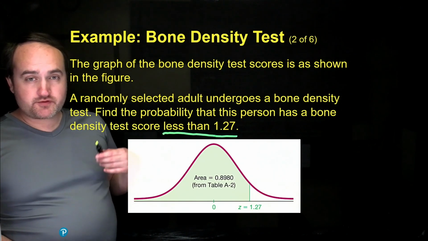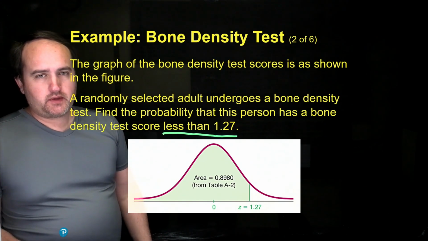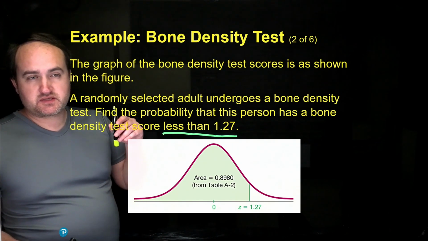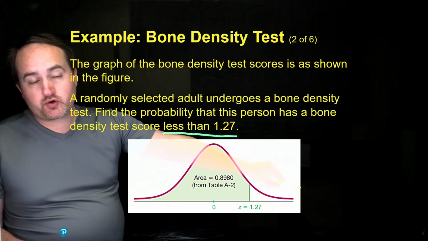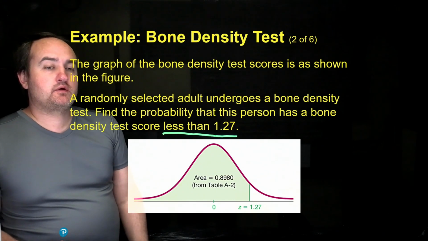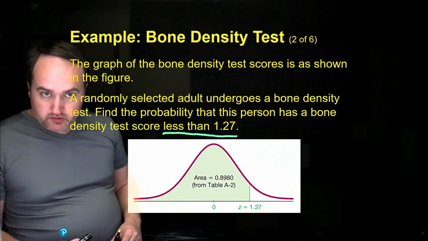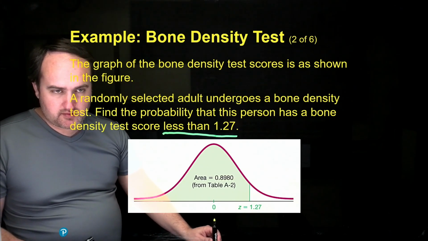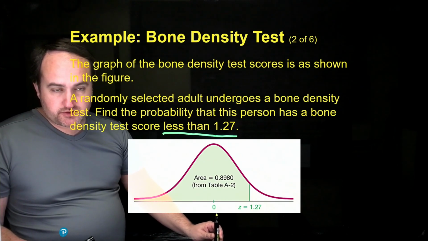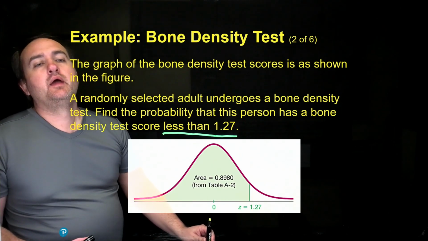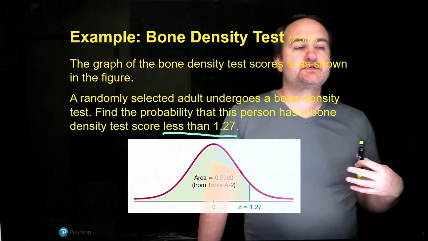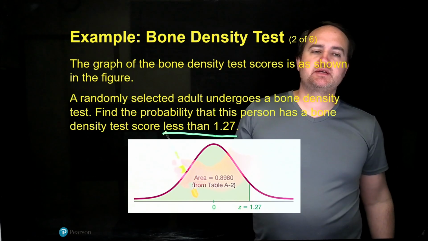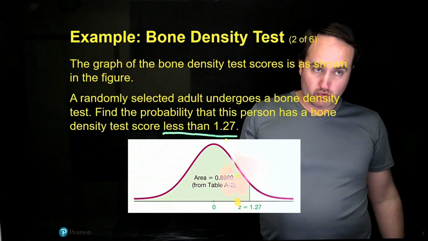If you look at the graph, because this is a standard normal distribution, we already know the shape is a bell curve. And the very middle of the graph is a z-score of 0. They're asking us to find the probability that a randomly selected person has a bone density test score less than 1.27.